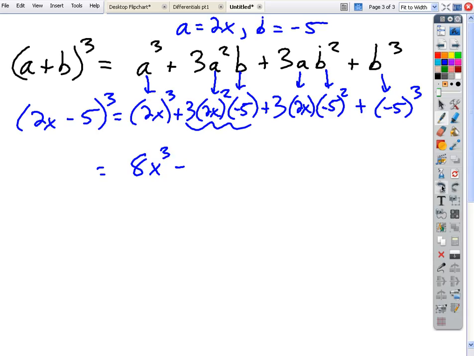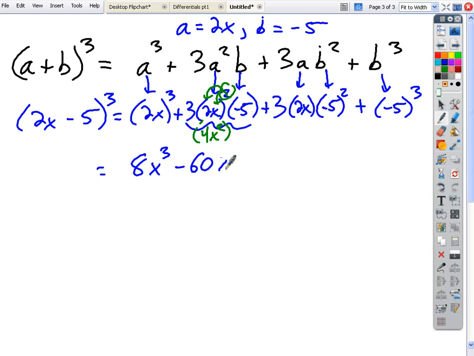The 2 has to get distributed to both the 2 and the x. So that's really going to end up being not 2x, but when I square them both, it's going to be 4x squared, because we had to square it out. So now what? 3 times 4 is 12, times negative 5 is negative 60.